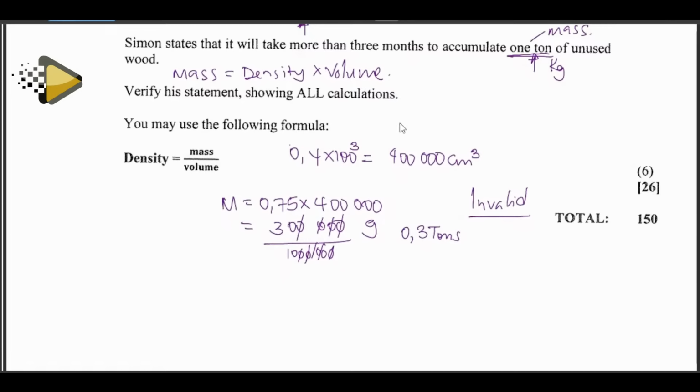Oh yeah, no, the statement is valid, sorry. Because if you use this and multiply by 3, you have 0.9 tons. Ton actually, not tons, because it's 0 comma. So we need another month, which is more than 3 months. So the statement is valid. This brings us to the end of the question.